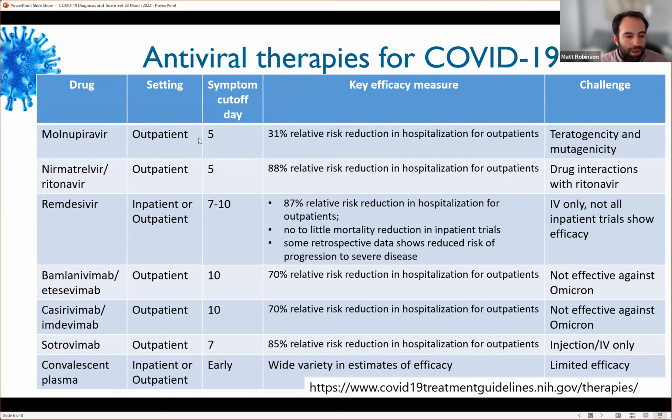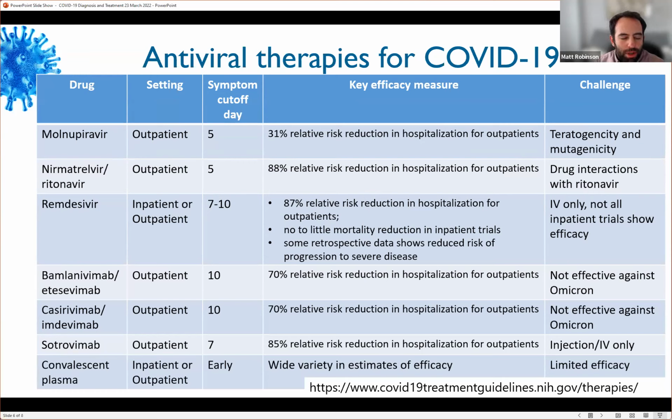So molnupiravir and nirmatrelvir and ritonavir. The second one is the generic name for Paxlovid. Both were studied in the outpatient setting with endpoints of hospitalization or death. The Paxlovid, nirmatrelvir and ritonavir, I still can't say that name right, showed an excellent relative risk reduction for hospitalization of 88% in that trial.